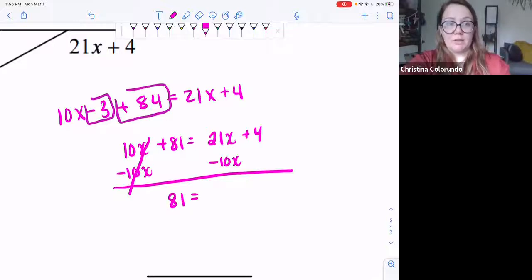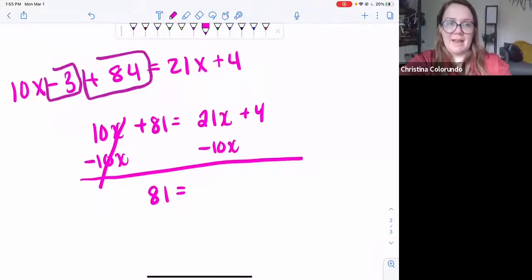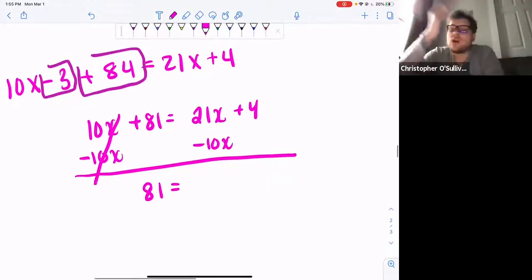So he's subtracting the 10 instead of subtracting the 21. If he subtracted the 21, he would have gotten a negative value. And then I would have had so many negatives that would have overwhelmed my brain with this problem. So ladies, when we combine our like terms, 21x minus 10x, we just do 21 minus 10, so we get an 11x.